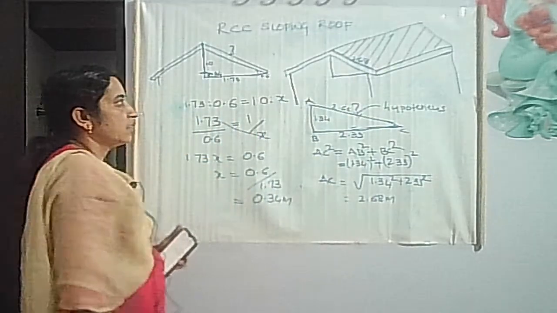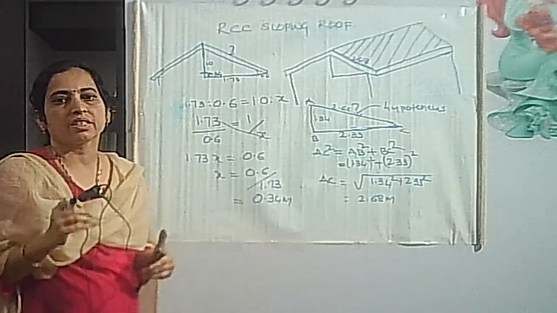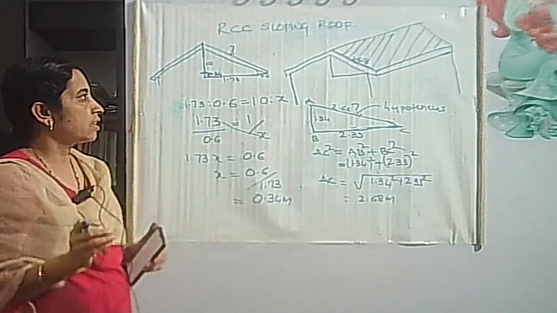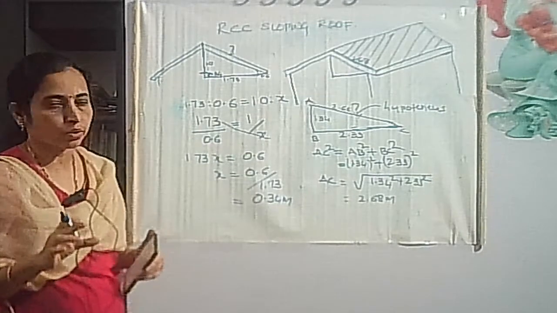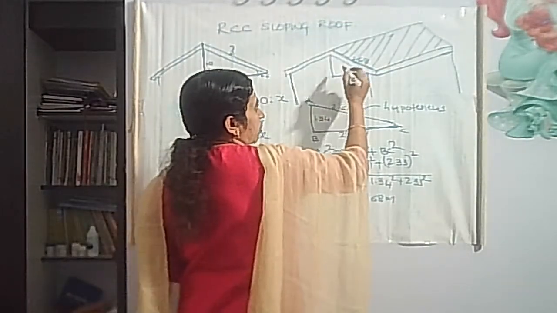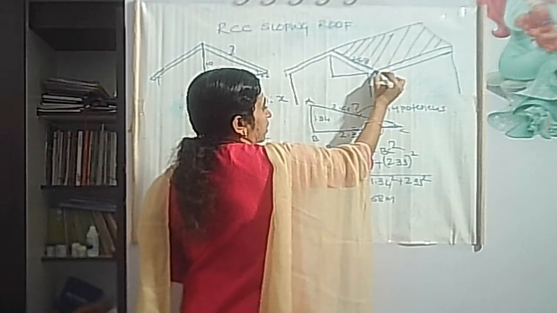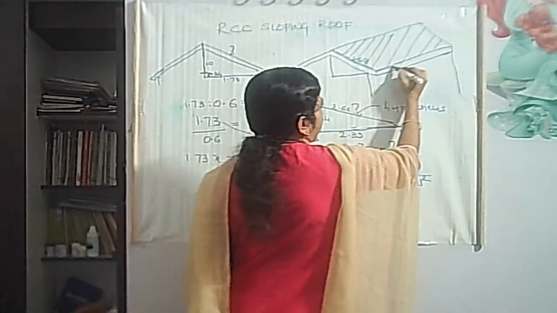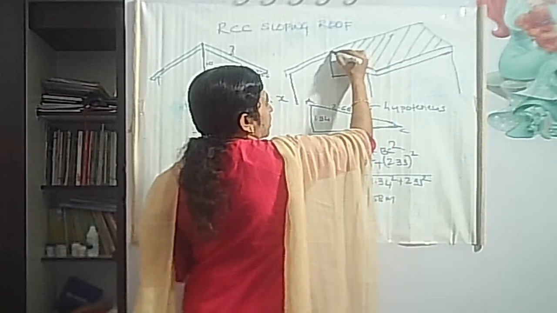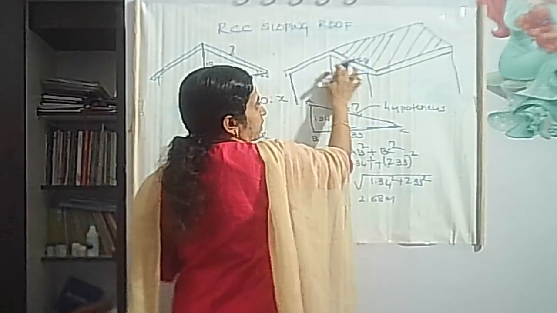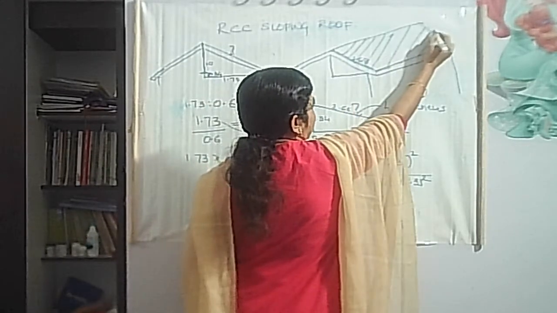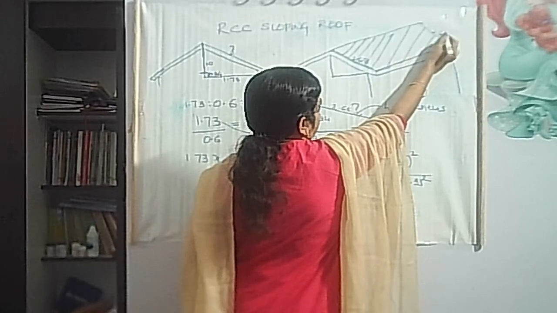So, after we get this distance, it is very easy to calculate the area of the roofing or the quantity of concrete in the roof. So, how do you find the area of roofing? We have got the sloping length here, this multiplied by this will give you the area of this rectangle. This is a rectangle, since we have got the sloping length, this is 2.68, even this is 2.68. Okay.